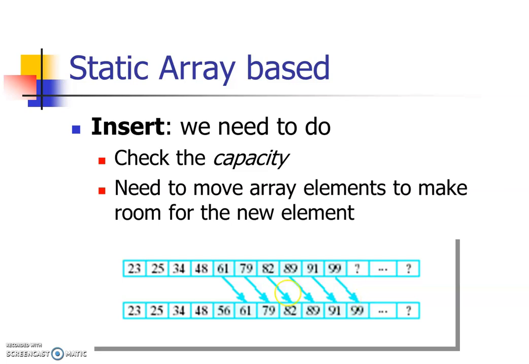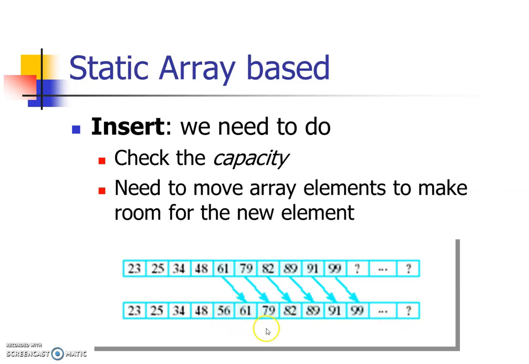Depending on how many items you need to shift, the cost of this operation is going to be a big O of n operation. Because it's possible that you want to insert the item at the beginning. That means every single item in your array needs to be shifted.